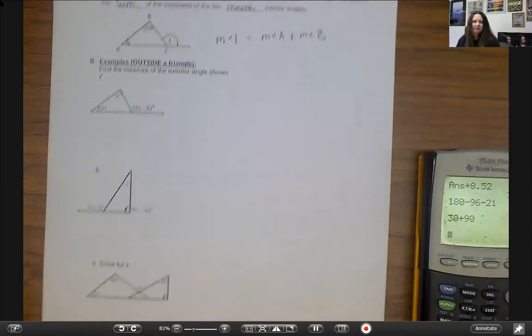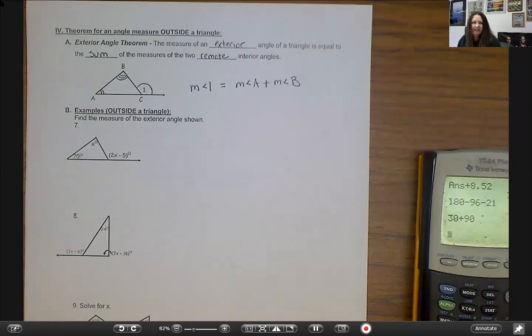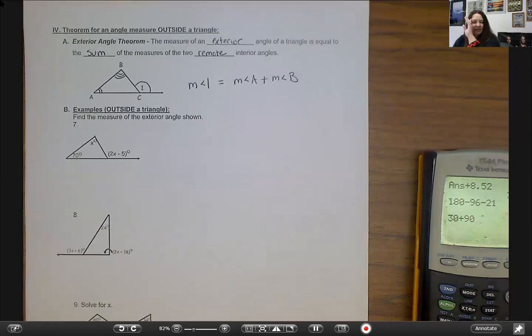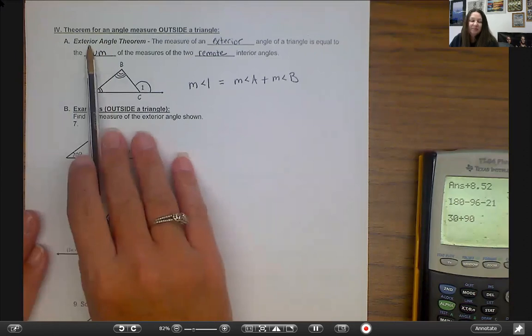All right. Now, what I want you to have an idea of is the difference between an interior angle and an exterior angle. Interior is what we have been solving for so far because it's in a triangle, or on the inside, it's interior. An exterior angle, by contrast, has to be on the outside.